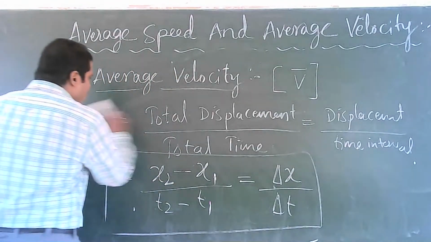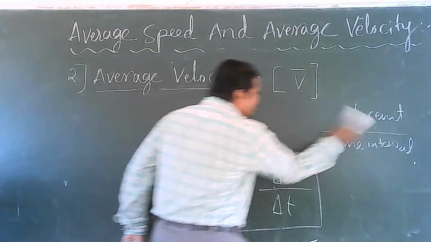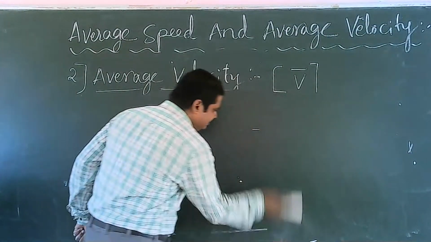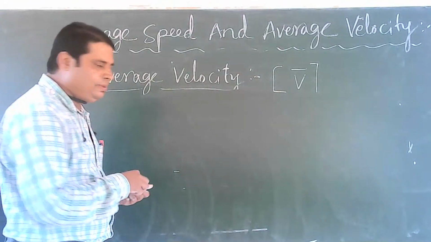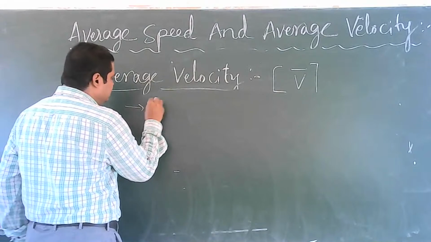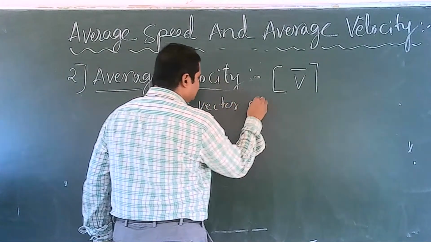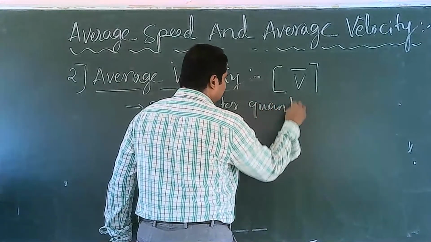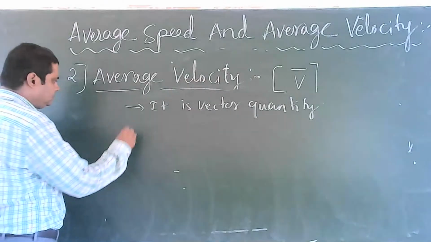Now some points regarding average velocity: it is a vector quantity. Your displacement is a vector, so automatically this will be a vector.